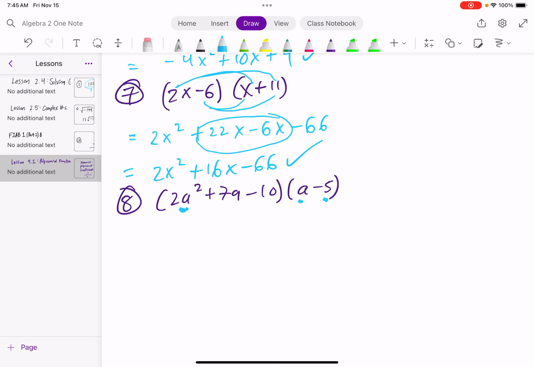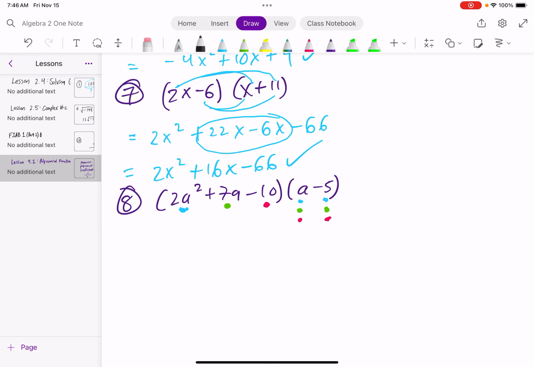So multiply these together. Then you're going to multiply these together. Oh, my bad. Sorry about that. These together, and then you're going to multiply these together, and then you're done.